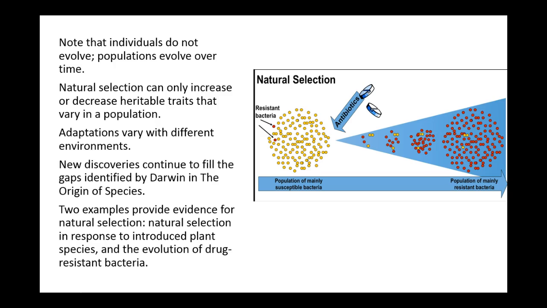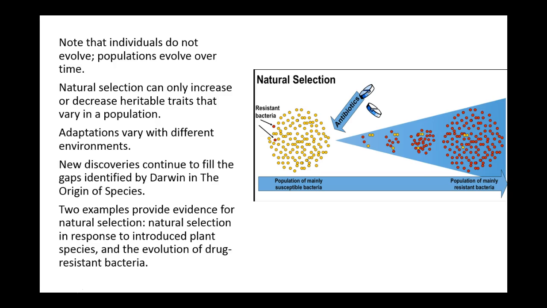There are several overarching thoughts that support Darwin's descent with modification. And there you have it at the top of this slide. Just wanted to make sure that individuals don't evolve, populations do over time. So natural selection can only increase or decrease traits. So natural selection, as we said before, is a pattern.